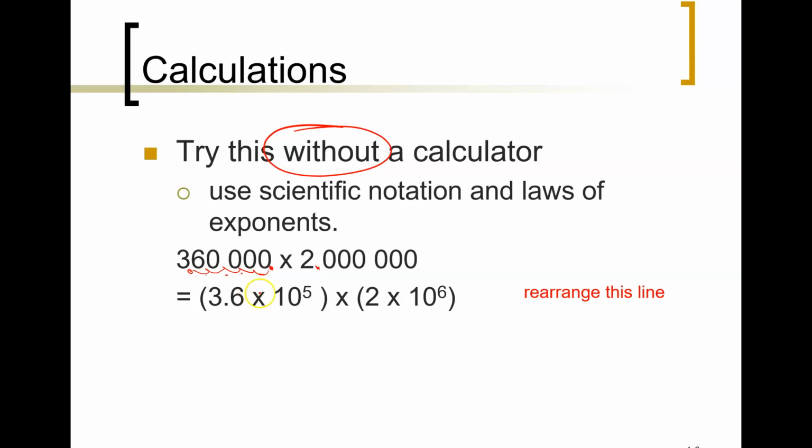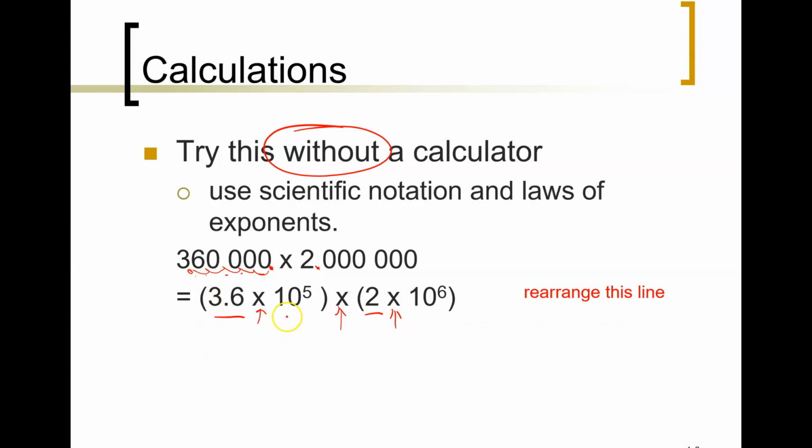So since it's all multiplication, multiplication is associative. We can rearrange it and do it in any order we like. So let's multiply the two values between 1 and 10 first. 3.6 times 2 will be 7.2.